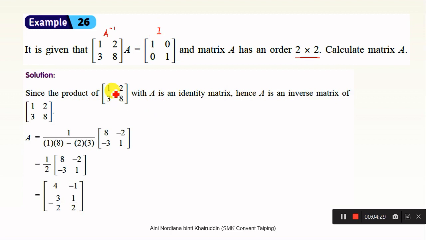Since the product of 1, 2, 3, 8 with A is an identity matrix, as I mentioned just now, hence A is the inverse matrix of this. So we just calculate the inverse matrix using the formula 1 over AD minus BC. Don't forget to change the position of A and D, and also put a negative sign in front of the elements B and C. So this is the inverse matrix of A.